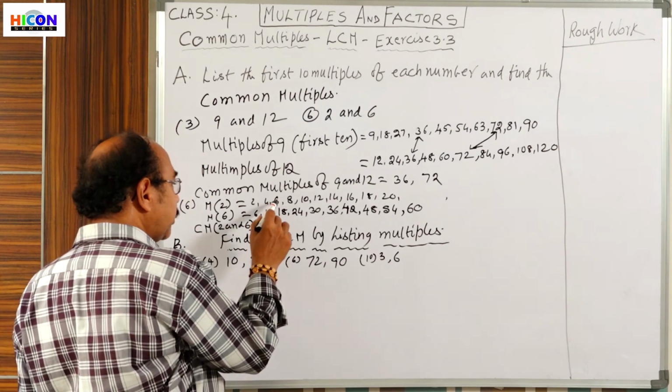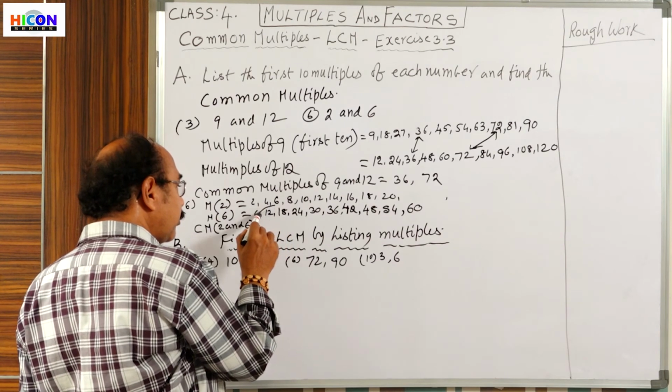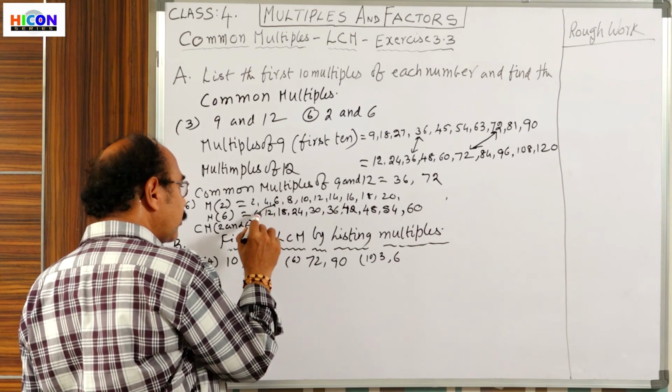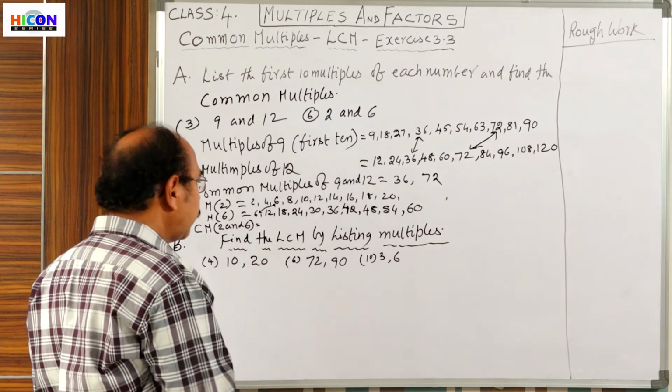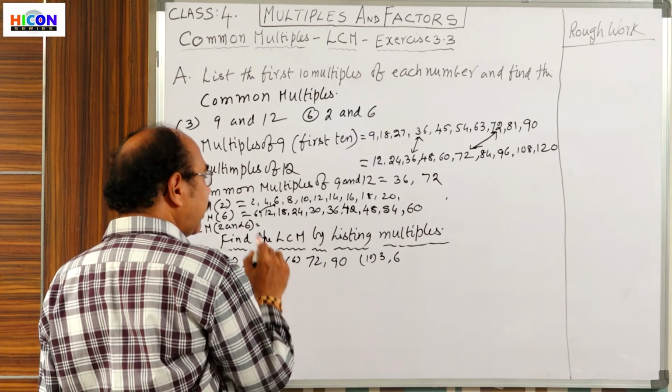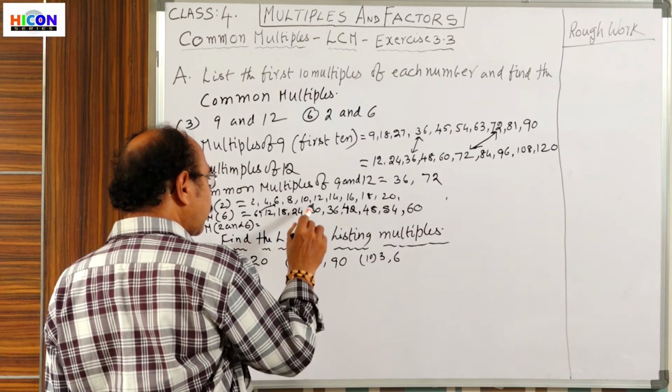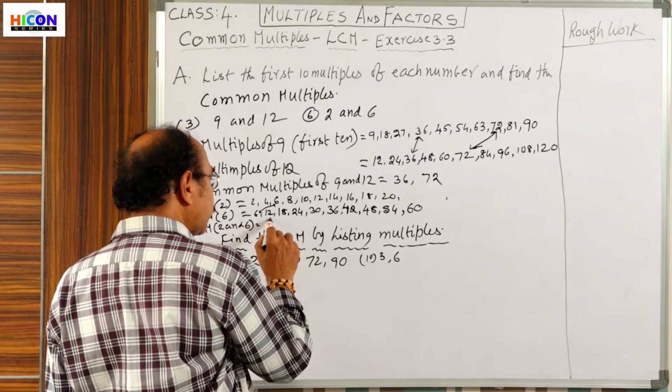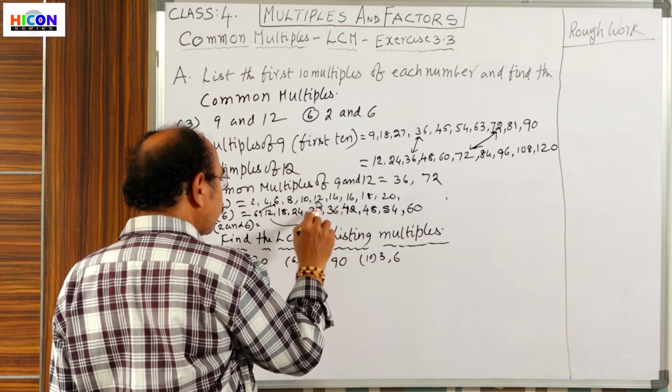6 is common, see here. And next, 12 is common here. 12 is there. 12 is the common multiple, this one and this one.